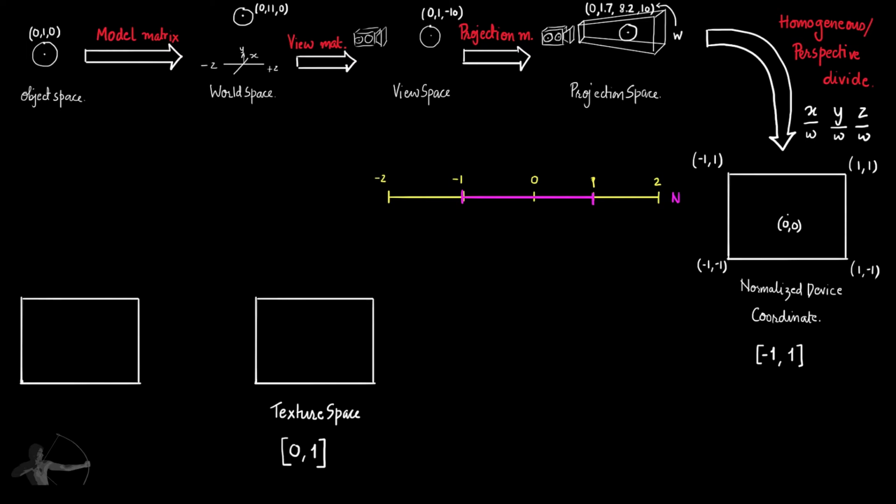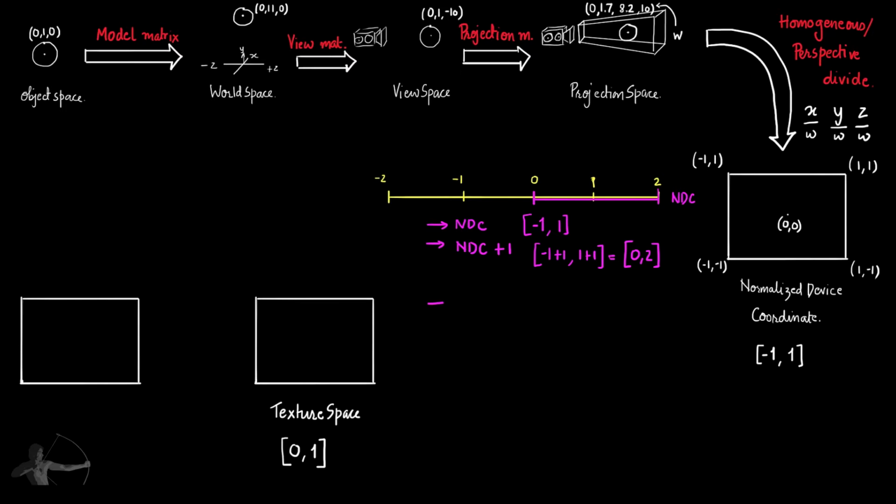So this is NDC. If we add 1 to NDC, we will shift this range to 0 to 2 because we have added 1 to it. Previously, the NDC was in the range of negative 1 and 1. Now this will be in the range of negative 1 plus 1, 1 plus 1, which becomes 0, 2.